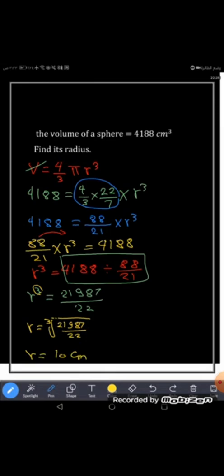Then we can substitute for volume, put 4188 equal 4 over 3 by pi, we can put pi as 22 over 7 or 3.14. Here we can put it 22 over 7. Then we can say 4 over 3 by 22 over 7 by r cube.